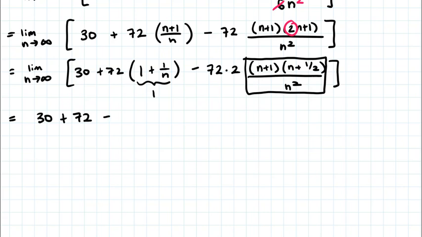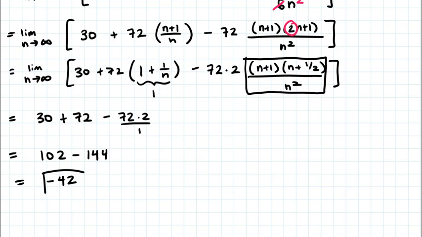So it'd be minus 72 times 2 over 1, if you will. And so we get 30 plus 72 is 102 minus 144, and then that ends up giving us negative 42. So there is our final answer.